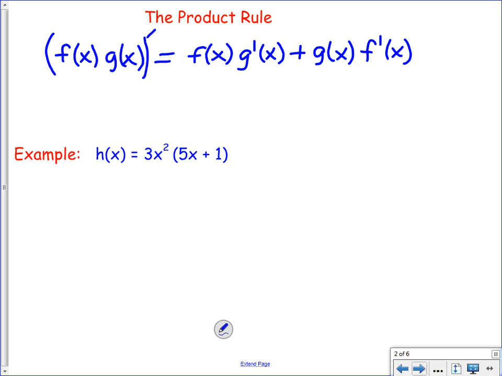Thank you. And let me add the derivative there. If you have a product of two functions, to find that derivative, this is your product rule. Here's a way that you can remember it in your head.